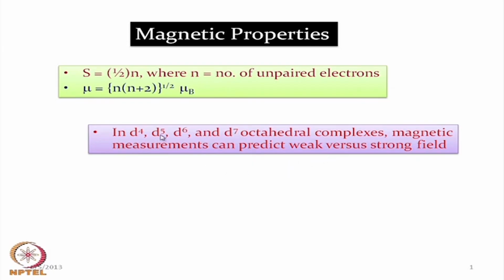Similarly, in the case of several iron compounds, we have seen that there is a spin state equilibrium, and that spin state equilibrium is also very much temperature dependent. At a particular temperature, a system can go from a low spin case to a high spin case.